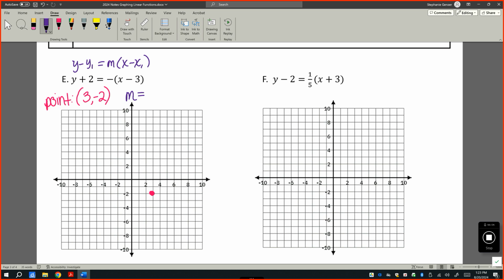Our slope, more invisible math. I just see a negative sign. It's -1, right? Or -1/1. So from the point that we plotted, down 1, right 1. Down and right, down and right. Run out of room, up and left, up and left.